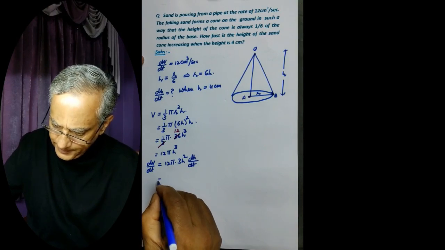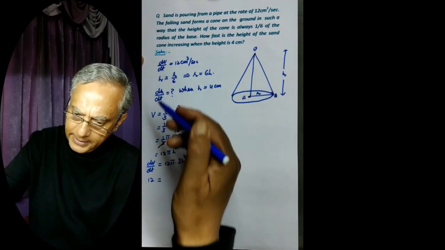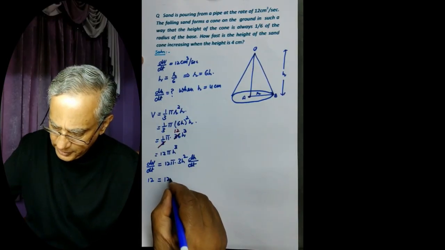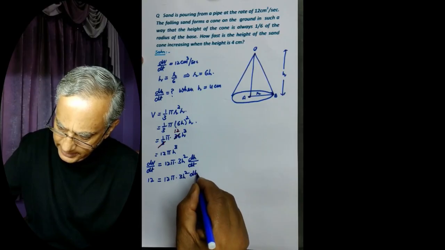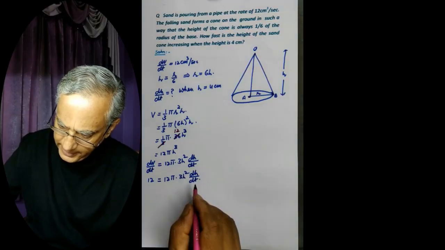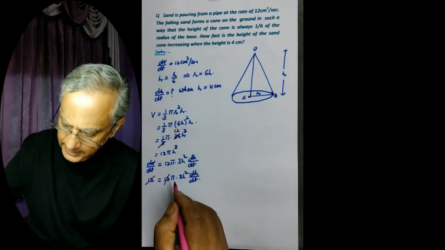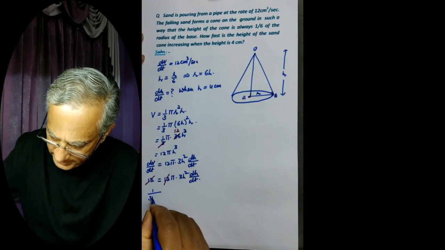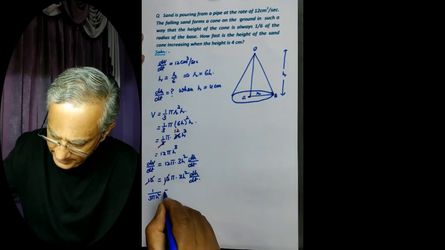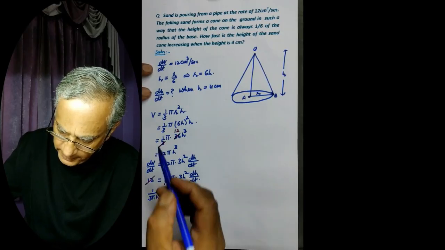Now dV by dt will be 12 pi into 3H square into dH by dt. Since dV by dt is 12, 12 is equal to 12 pi into 3H square dH by dt. This 12 cancels with this, and we get 1 by 3 pi H square as dH by dt.